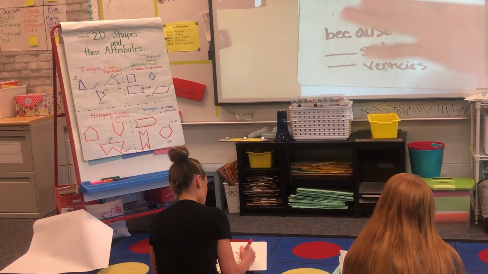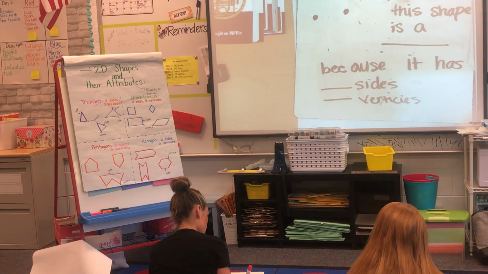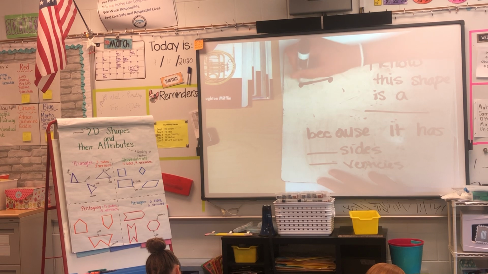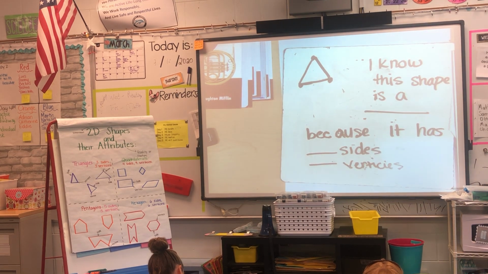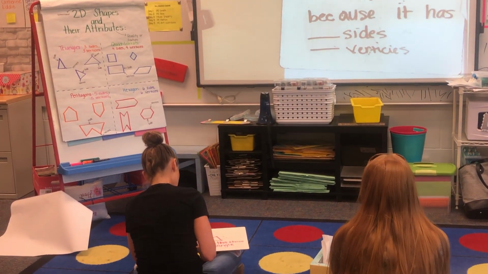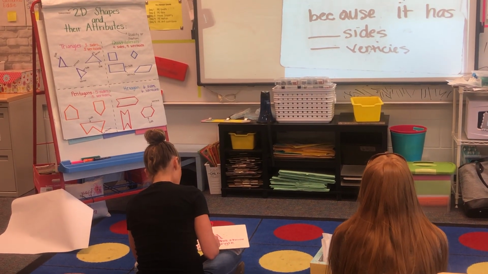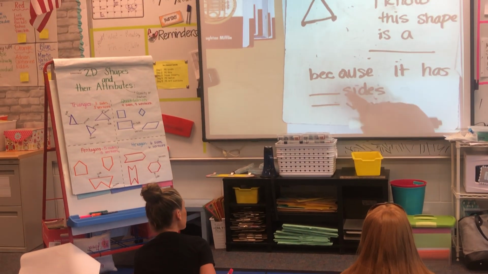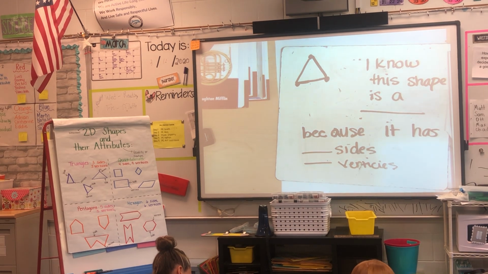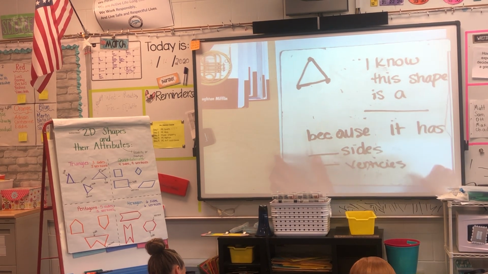I know it's 3 vertices or edges, 3 lines, 3 sides. 1, 2, 3. Ooh, I like this one. It looks very nice. And I like how you have a complete sentence down there. I know this shape is a triangle. It's a triangle because it has 3 sides and 3 vertices. Very good. 3 sides, 3 vertices. Okay?